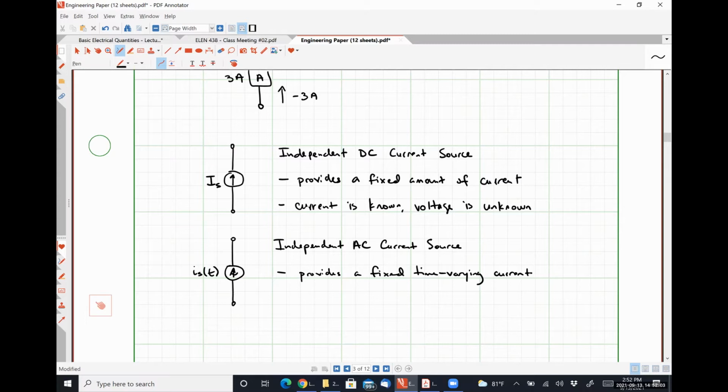So it's always going to be 5 cosine omega t plus 30 degrees if that's what is provided, okay? So it can vary between +5 and -5, but it's never going to go outside of those bounds because it is a fixed current source.